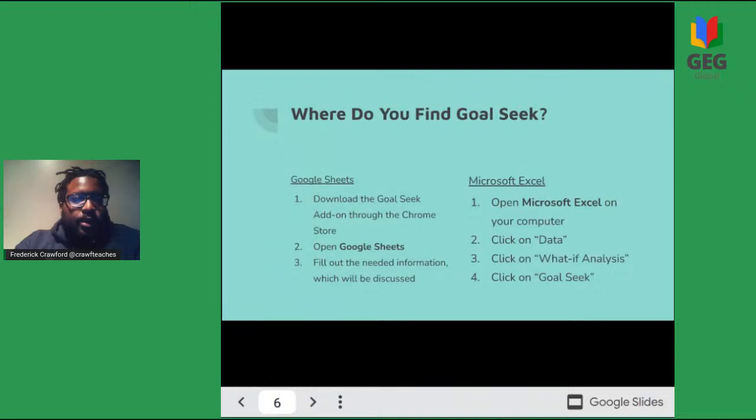So right here, I will actually have to do another share to demonstrate GoalSeek, and that is something I did not know coming into the presentation. So I'm going to do a brand new share.